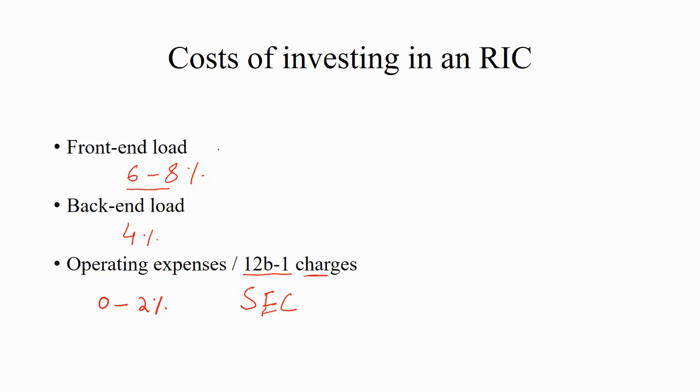First is that the front-end load and the back-end load are mainly for open-end funds, just like I explained earlier. So they are only for open-end funds, whereas operating expenses and these charges relate to both open as well as closed-end funds.